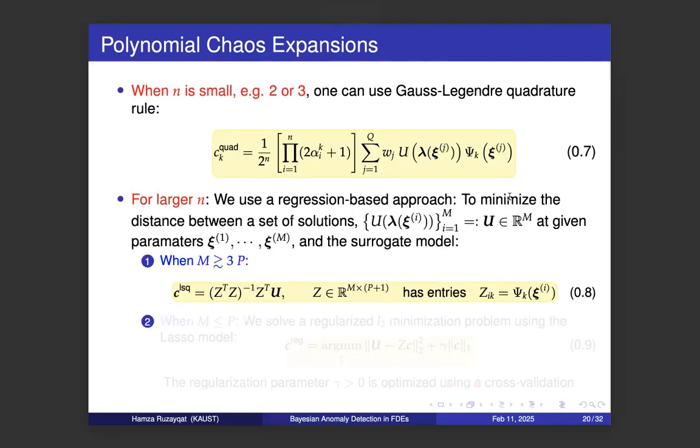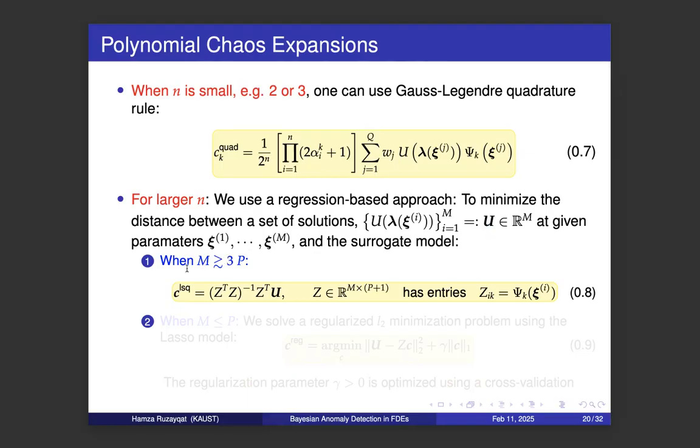However, when n is larger, one should use a different approach, and we use a regression-based approach. That is, we minimize the distance between a set of solutions. You have m solutions at known x's, in a vector u in R^m. You want to minimize the distance between these solutions and the surrogate model.